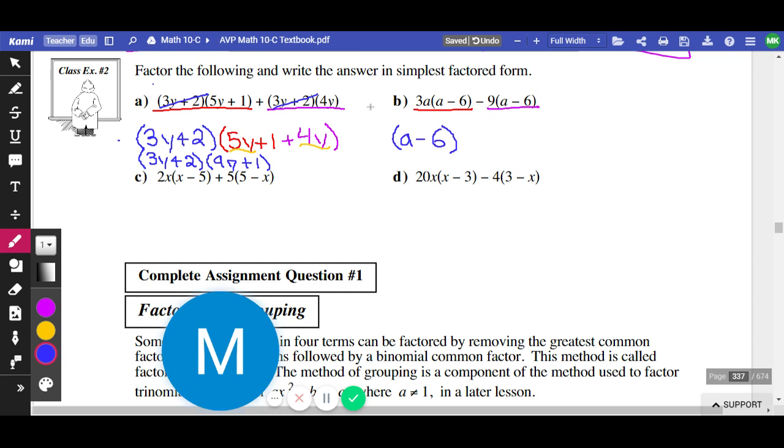When I take an A minus 6 out, I divide it on each side. I'm left with, from the red side, a 3A. And I'm left with, from the purple side, a minus 9. And there's no like terms I can combine in either of those, so that's my final answer.